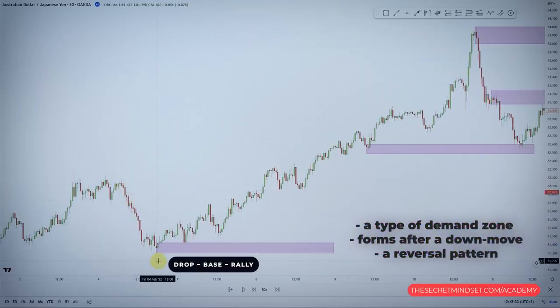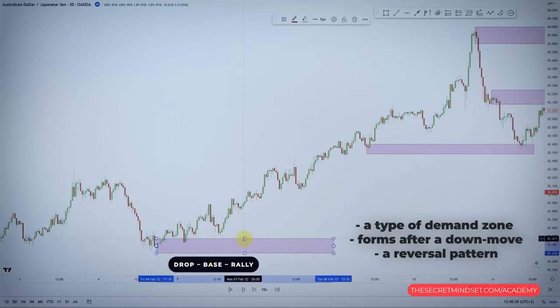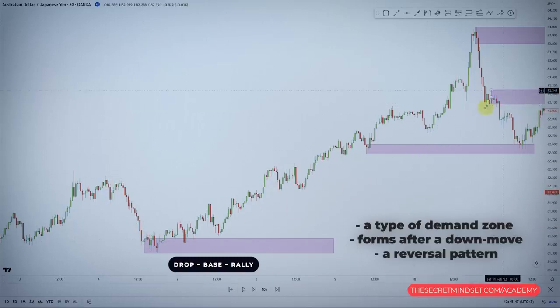The drop-based rally is a structure which forms a demand zone in the market. These zones differ from the first price structures, mainly because of their location in the market. If the rally-based rally and the drop-based drop zones only form during trending movements, the drop-based rally zones will only be found when the market changes from moving down to moving up.